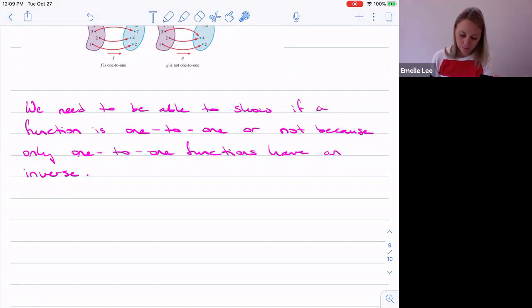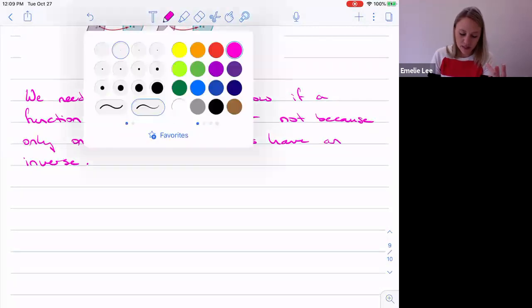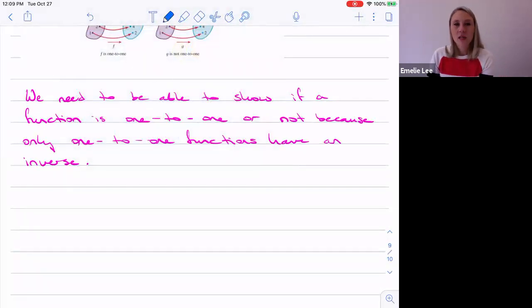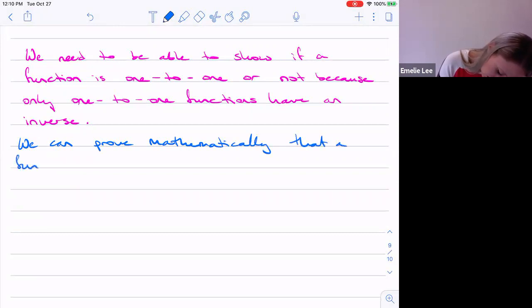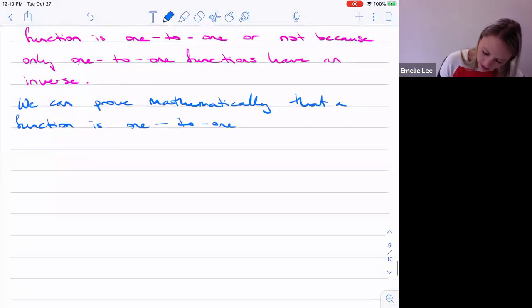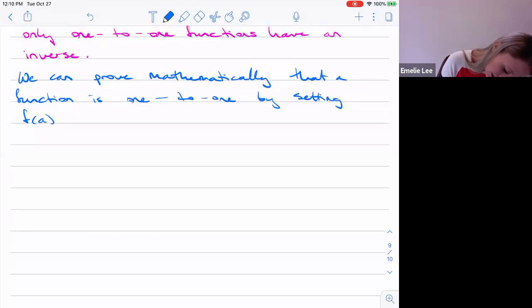But in order to prove that something is one-to-one, we need some sort of way to show that. So we can prove mathematically that a function is one-to-one by setting f of a equal to f of b and simplifying.